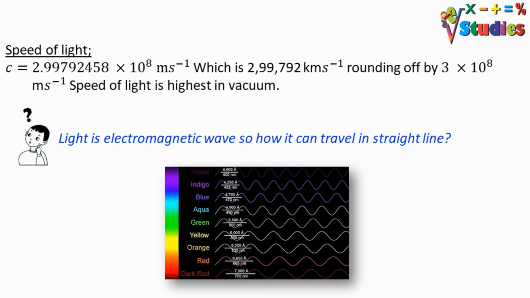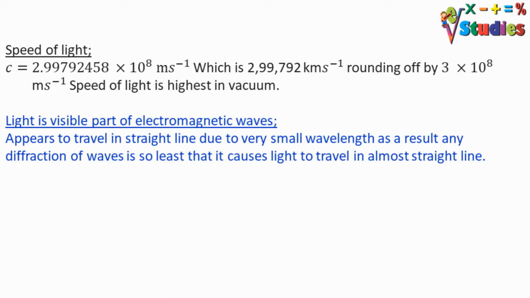However, we must know that light actually appears to travel in a straight line due to its very small wavelength. As a matter of fact, any diffraction of the waves is so small that it causes light to travel almost in a straight line.